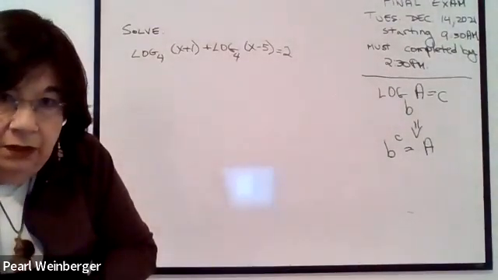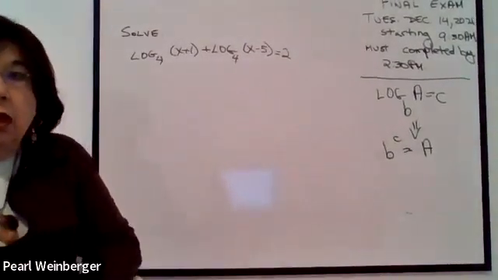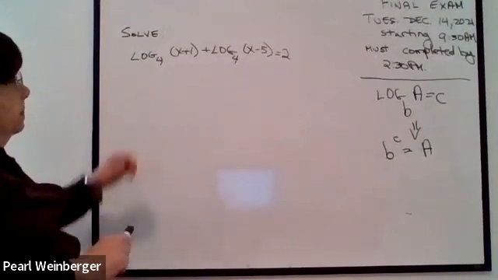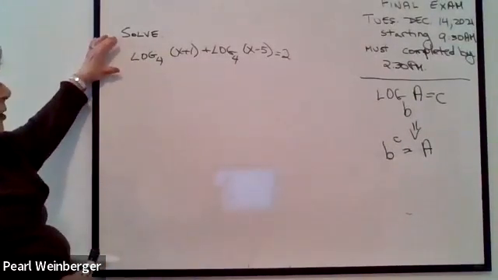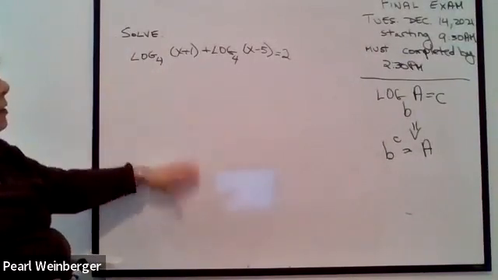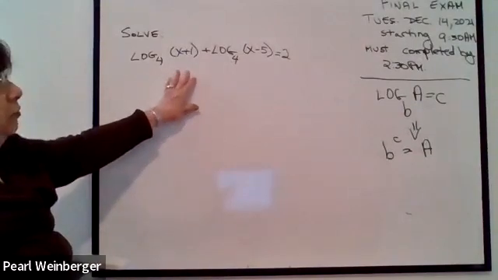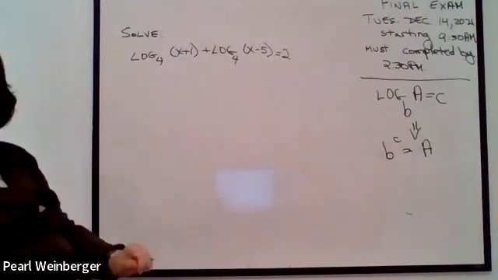Okay, let's see if we can do this example. All right, we've said that basically if we want to solve logarithmic equations, we want to change them from the log form into the exponential form.